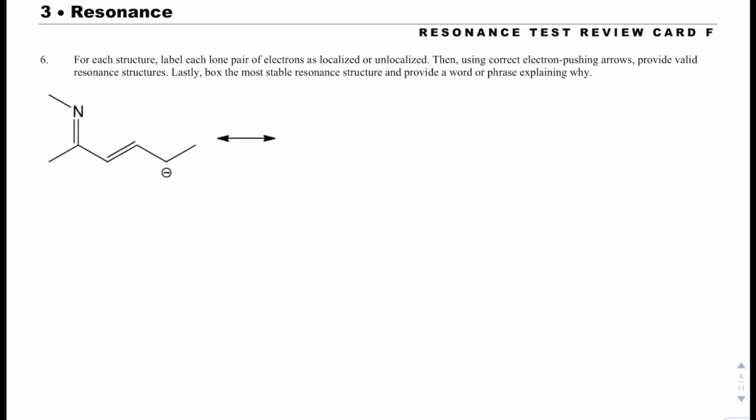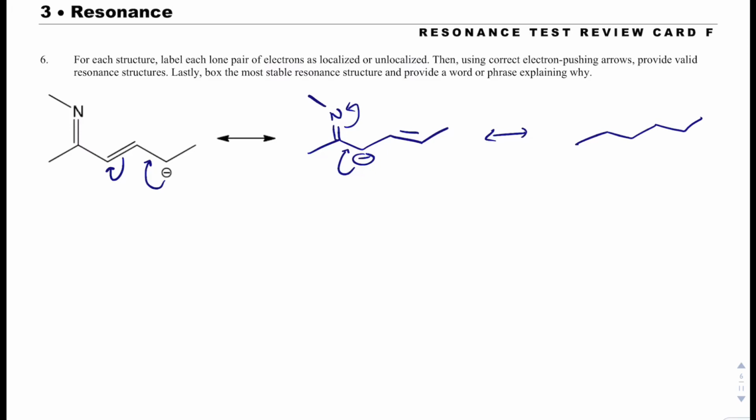Okay, number 6. We have a negative charge. That's where I'm going to focus. If I was writing a good reasoning, more than just a word or phrase, here is what I probably would say.